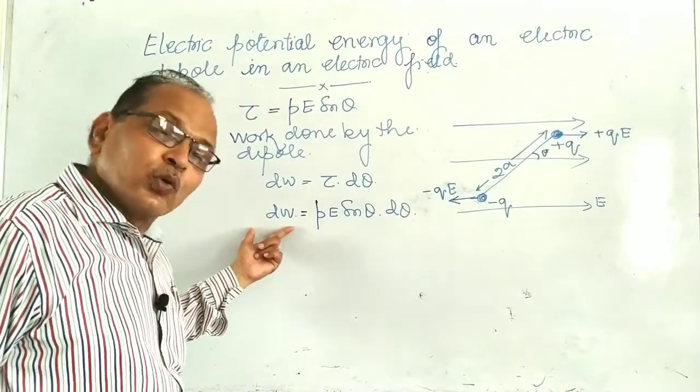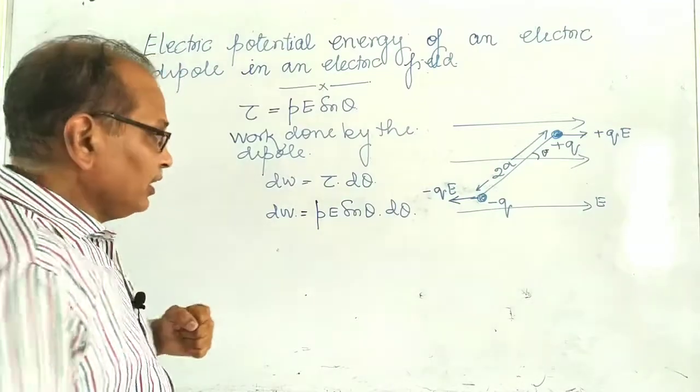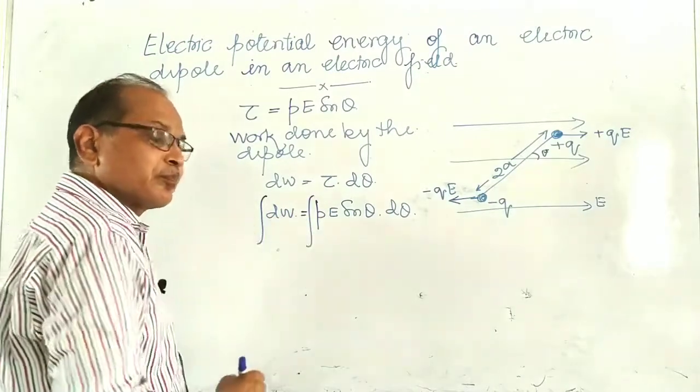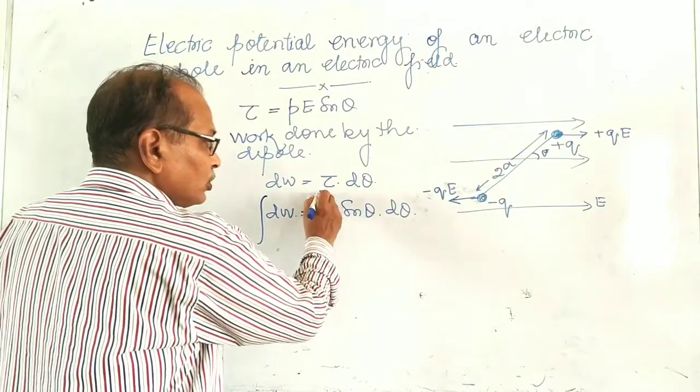To find the total work done when the dipole is placed in the electric field, the net work done will be like this. Let the limits be theta 1 to theta 2.